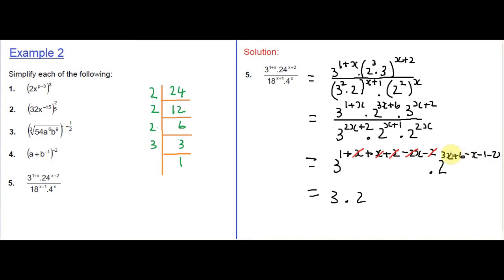Minus 2x is 0, so the x's here cancel as well. And then 6 minus 1 is 5. So we have 3 times 32, 2 to the 5 being 32. And that, of course, is 96.